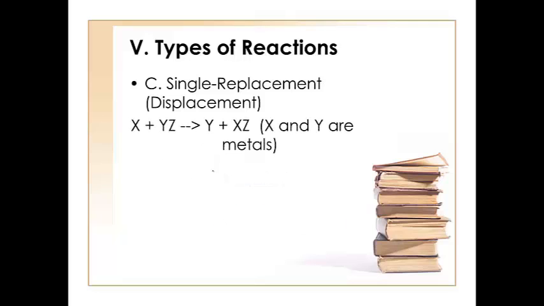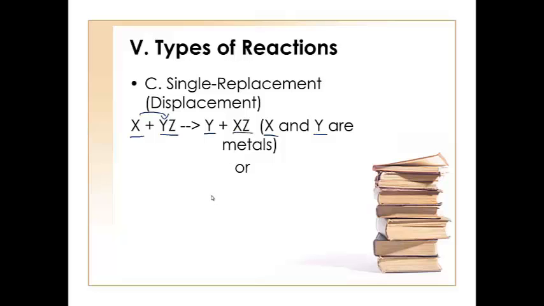So basically it looks like this. This is your pure element. This is your compound. As long as X and Y are metals, X will replace the Y element in this compound. Y becomes the new pure element. X turns basically into an ion and forms an ionic compound.